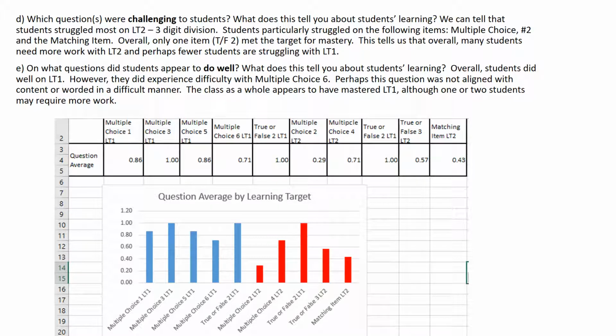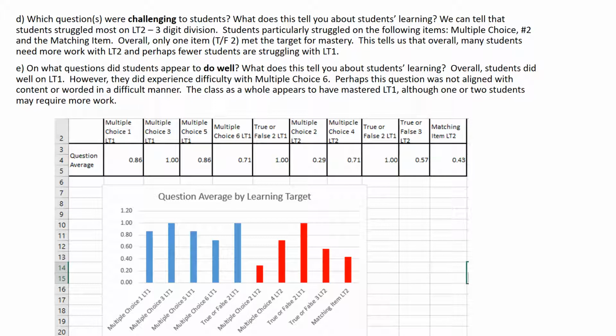The next thing we're going to do is dig a little deeper and see which questions were challenging and which questions did students do well on. So on challenging, we can tell the students struggle the most on learning target 2, which is 3-digit division, because obviously the averages were lower overall.